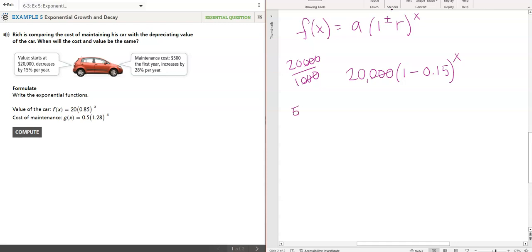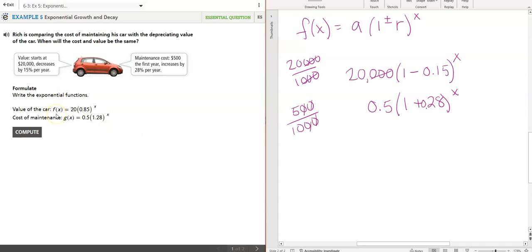And they did the same thing here, but notice that if I take 500 and divide by 1,000, I don't have the same amount of zeros. I get 5/10. So instead of just 5, it becomes 5/10. So that's where they got the 5/10. And then again, this time we're adding that 28% to 1. So that's where they're getting right here, the 1.28.